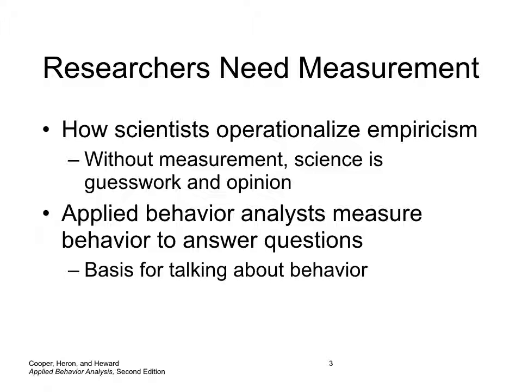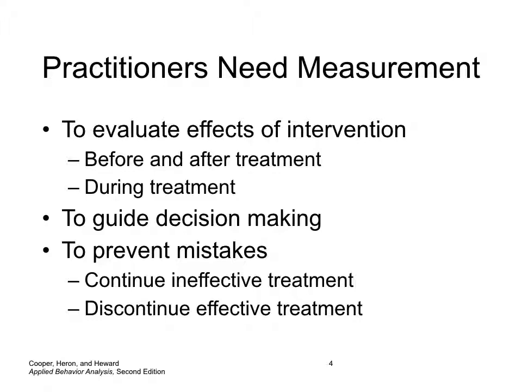Applied behavior analysis measures behavior to answer questions about the existence and nature of functional relations between socially significant behavior and environmental variables. Practitioners use measurement to evaluate the effectiveness of interventions and to guide decisions regarding treatment.